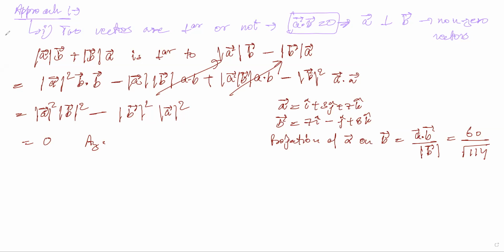Can we also solve the 9th? Find mod x if for a unit vector a, (x minus a) dot (x plus a) is equal to 12.